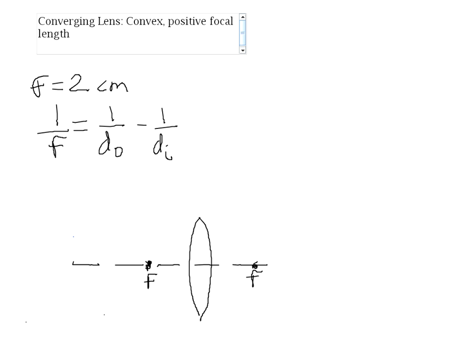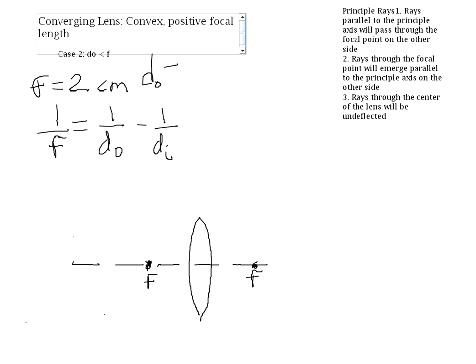So we'll stick with a lens that has a focal length of 2 centimeters, but this time we will say that the object distance DO is only 1.5 centimeters, or 3/2 centimeter. In other words, less than 2.